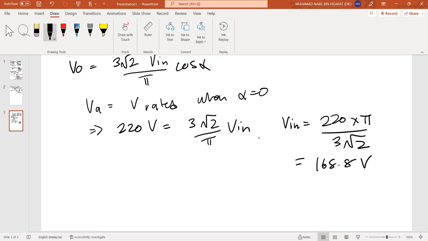So this value is V line, equivalent to V phase V2. So this will be the secondary.